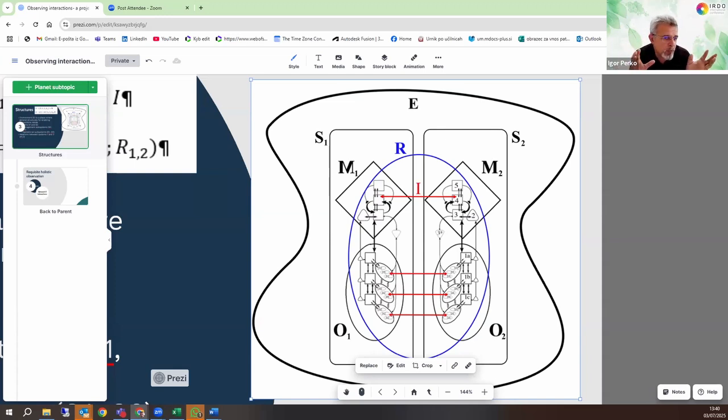So if we can define, okay, now we are observing which structures in M1 are there and basically should be there, and then we can say, okay, now let's observe the M2 and see which structures are there and which are required. That might be very helpful, especially if we can observe and compare different interactions.